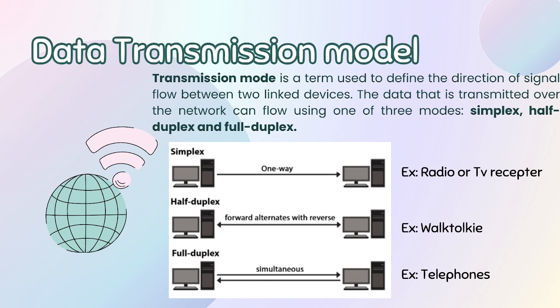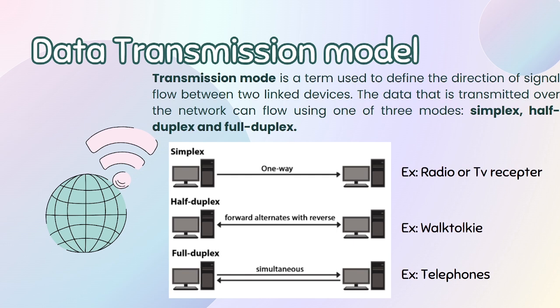Simplex is a transmission mode where data signal is transmitted in one-way direction. Example, radio and TV receptors. Half duplex is a transmission mode where data signal is transmitted over a network in two different directions, but they share the same way of transmission.